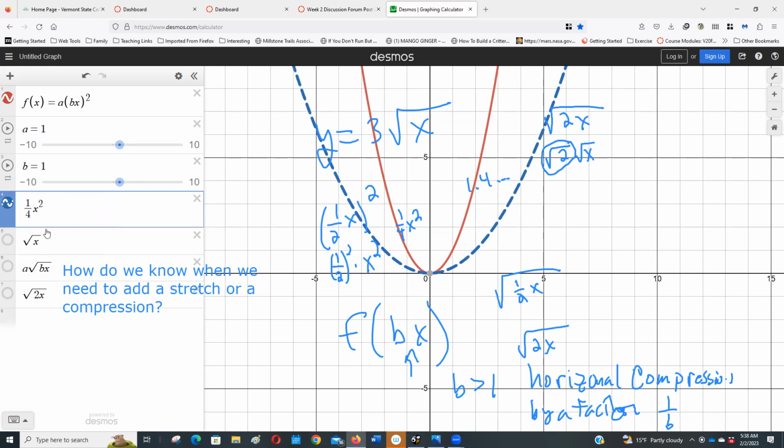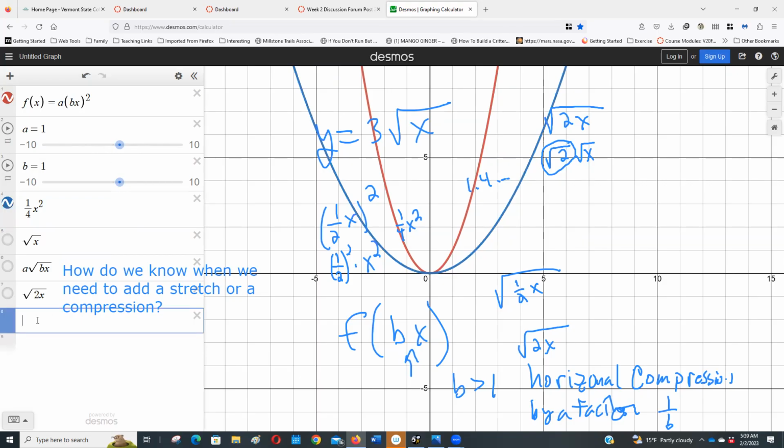I want it to be solid so I can tell the difference. Here we go. So the red graph is x squared. The blue graph is 1/4 x squared.